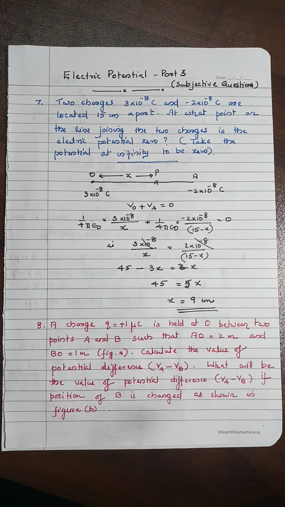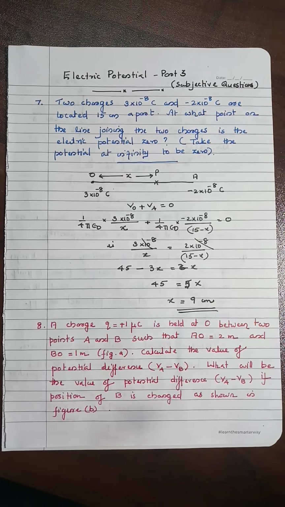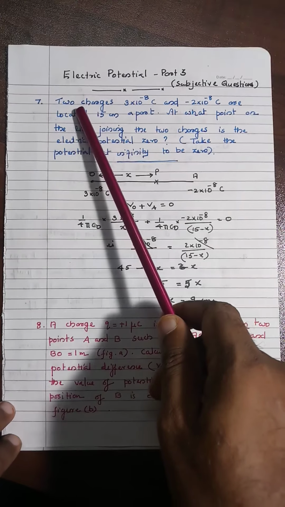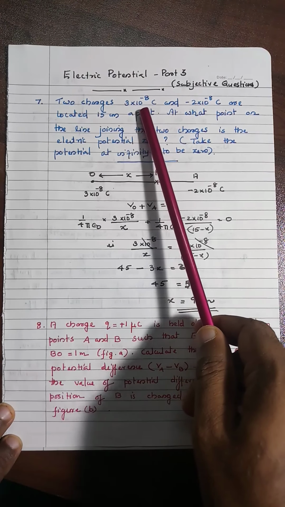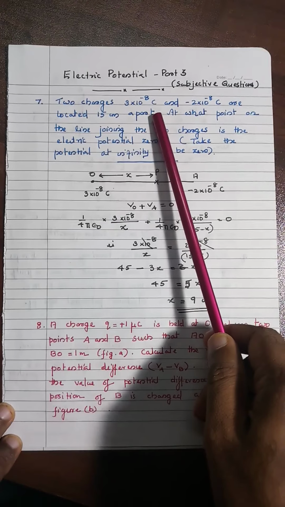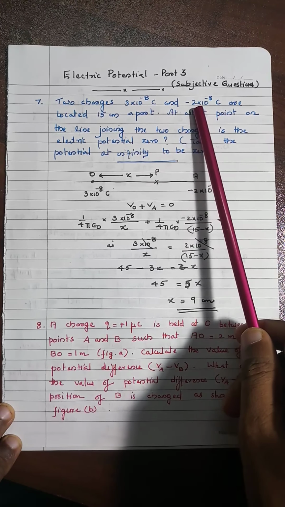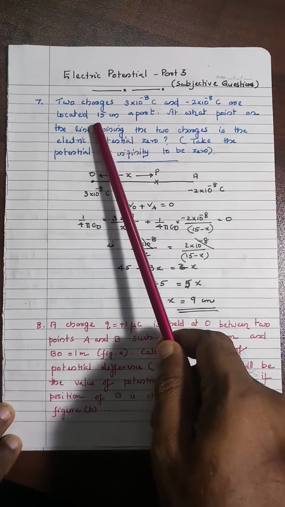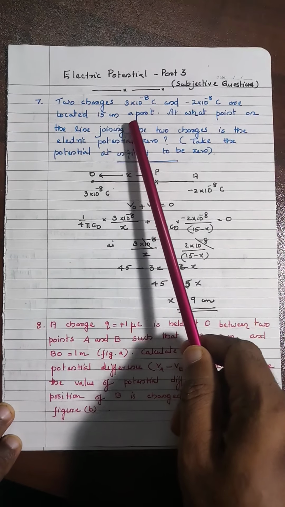Dear students, now we can solve some problems regarding electric potential. In the last class, we discussed 6 questions. The 7th one: two charges 3 into 10 raised to minus 8 coulomb and minus 2 into 10 raised to minus 8 coulomb are located 15 centimeter apart.